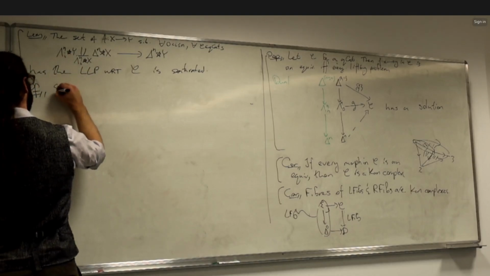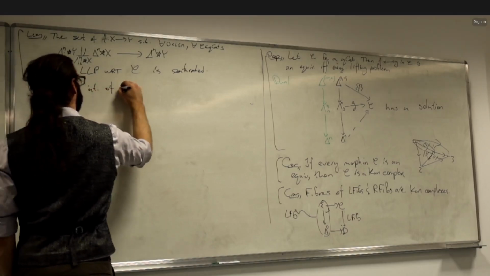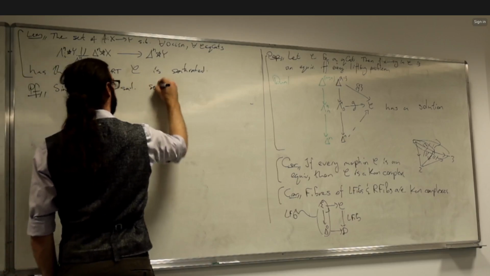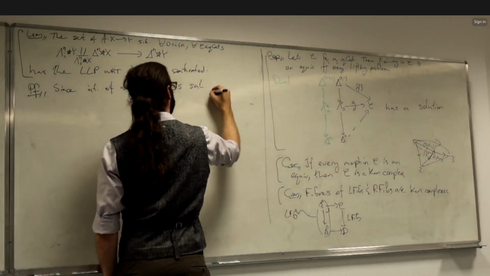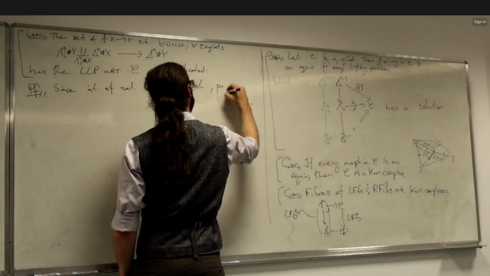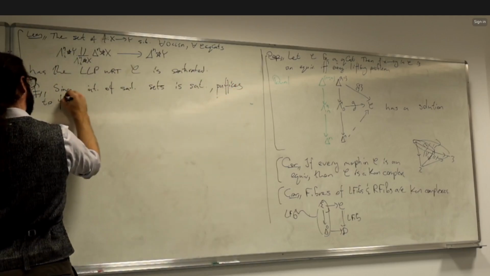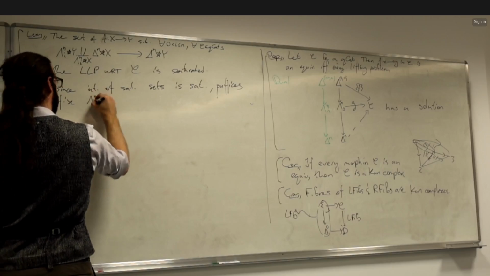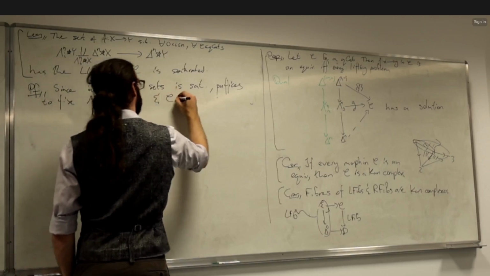So since the intersection of saturated sets is saturated, it suffices to fix lambda n i to delta n and c and q.